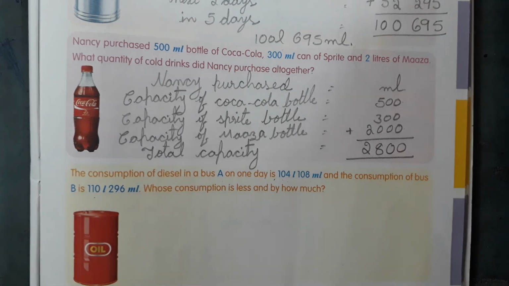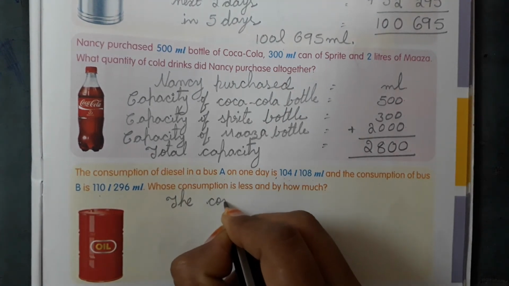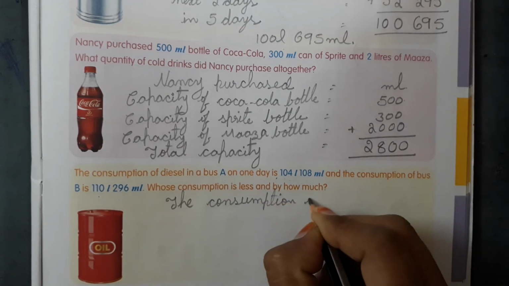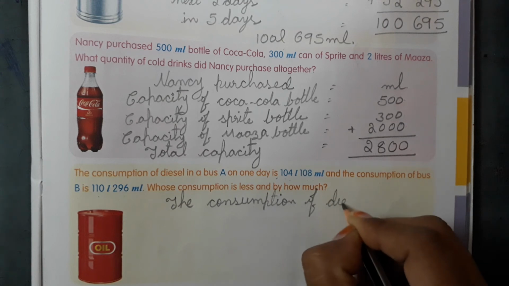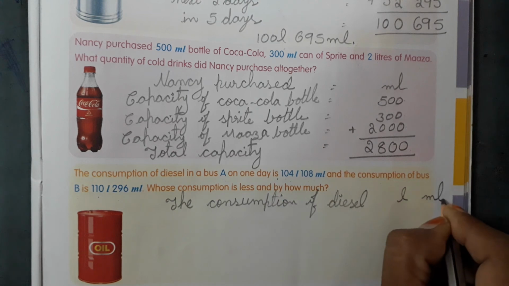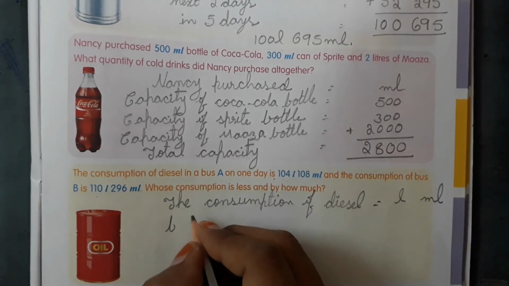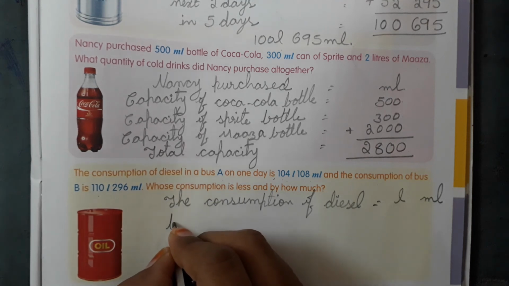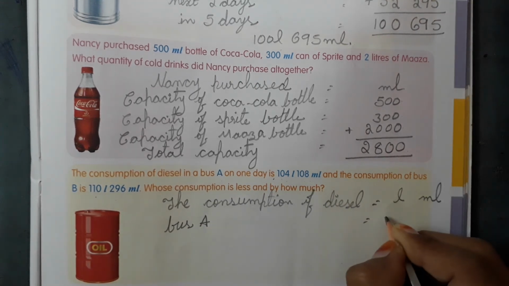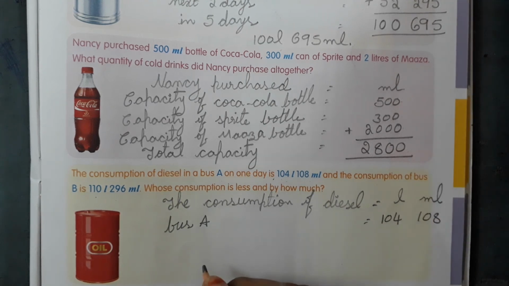Okay. The consumption of diesel in liters, milliliters. Bus A, the consumption of diesel of bus A. How much? 104 liters, 108 milliliters.